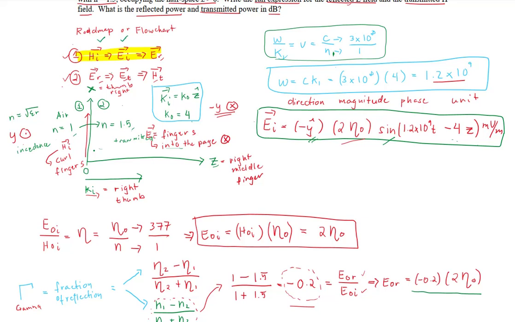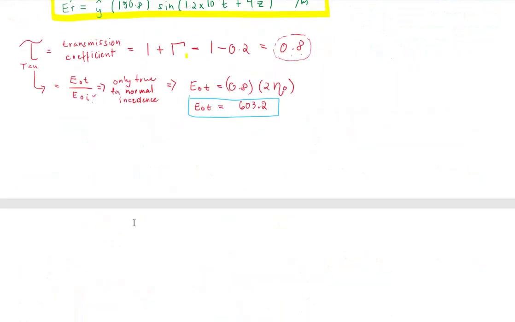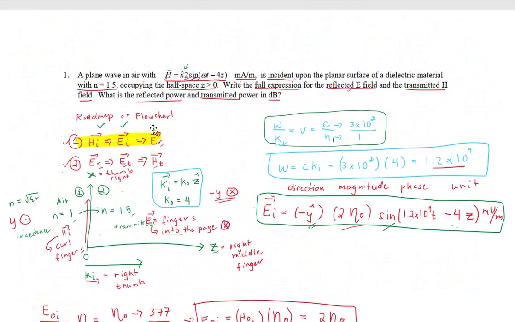Now for the transmitted, it will involve n2, so it's going to be a different k. So we could easily solve for that. Right? So we do omega over k2 this time equals v equals c over n2. And again, this is the speed of light, 3 times 10 to the 8. Now n2, what is n2? It's given to us as 1.5, right?